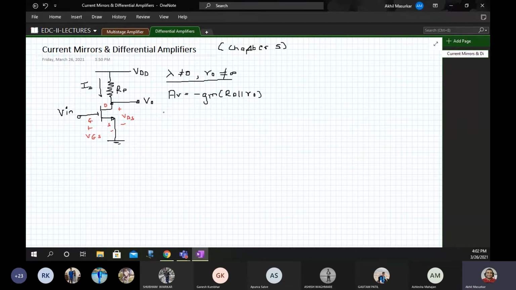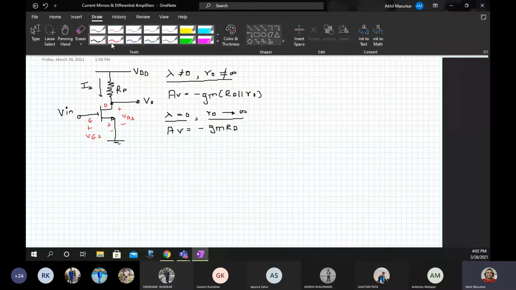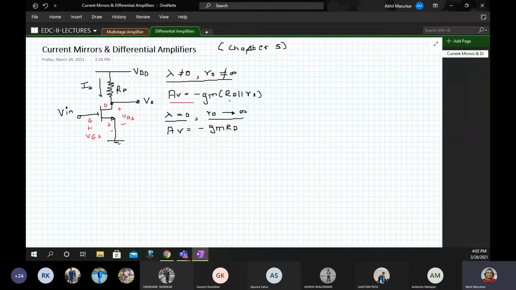If lambda is equal to 0, then R0 tends to infinity, and under this condition AV is simply minus gm into RD. These are the equations for our gain.